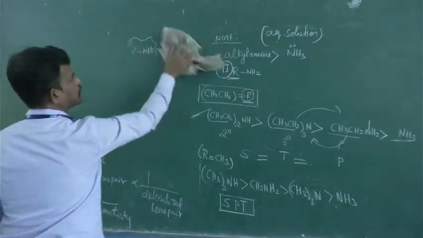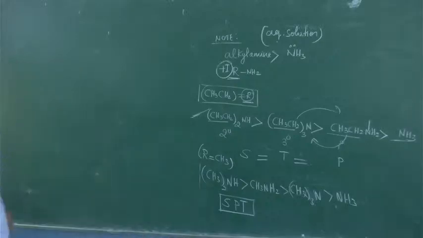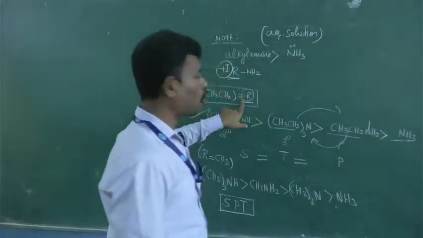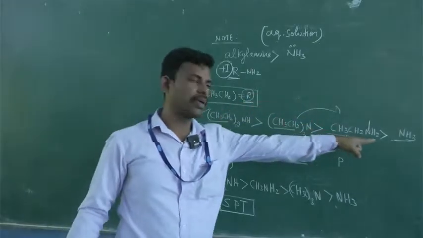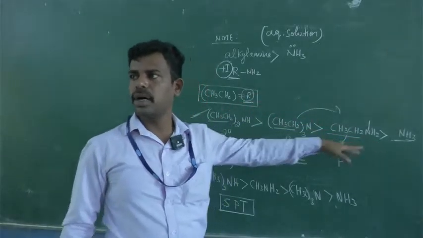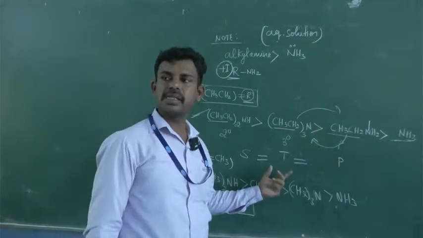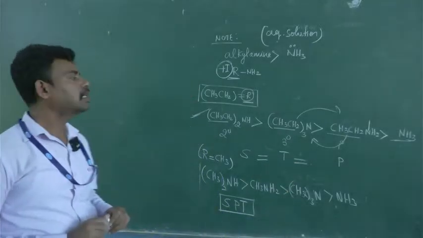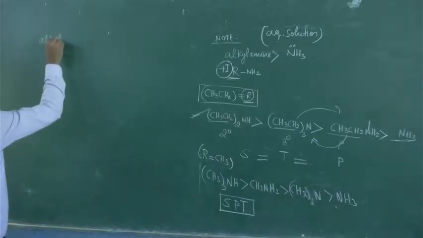Next, we have compared alkyl amine versus ammonia. அப்போ number of R group மாற அதோட basicity order மாறும், but alkyl amine is going to be more basic when compared to ammonia. Is it clear? இந்த ஆர்டர் ஏன்னு எக்ஸ்பிளைன் பண்ணிருப்பாங்க, not required. You just remember this order, remember this mnemonic: ethyl இருந்தா STP, methyl இருந்தா SPT. Is it clear? Next we are going to compare alkyl amine versus aryl amine.